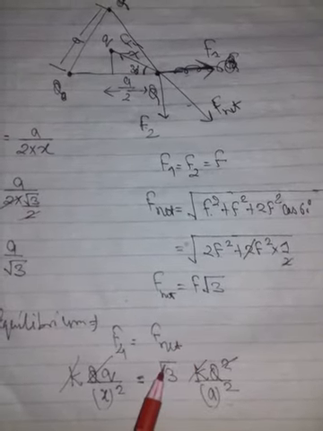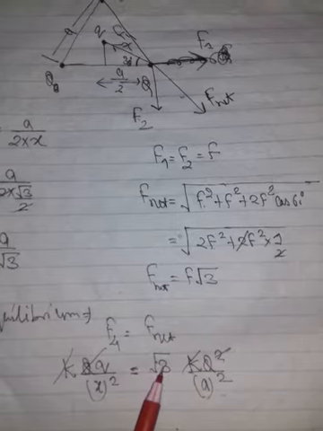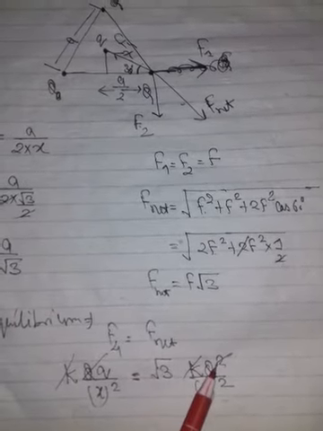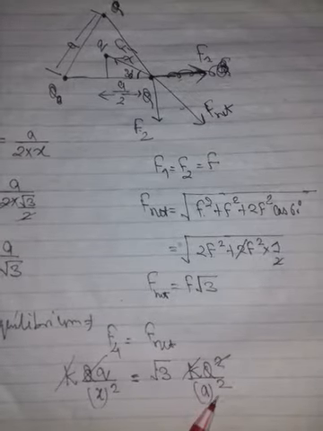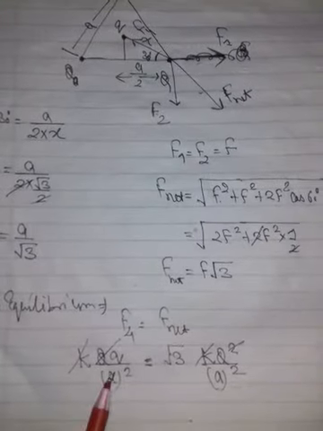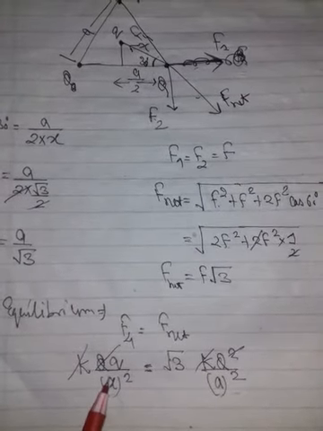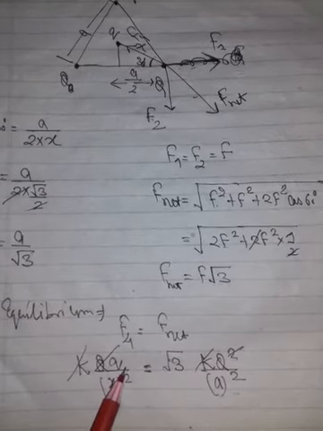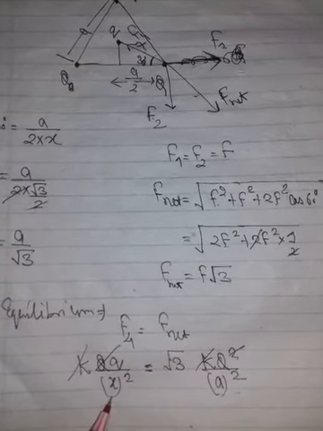root 3 F, and F is the electrostatic force, so k Q square upon a square, where a is the distance between the charges, equals k times capital Q, small q, the charge at the center, upon x square.